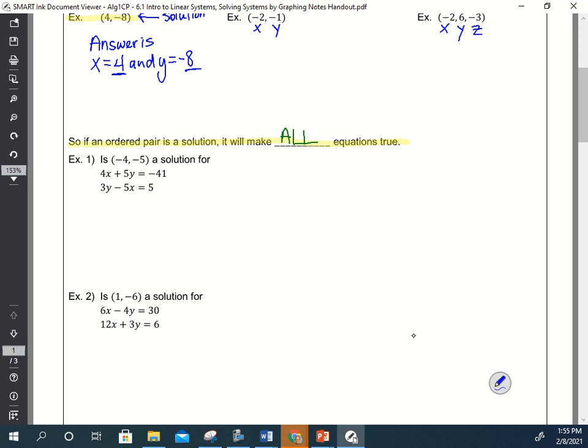They're asking, is -4 comma -5 a solution for 4x plus 5y equals -41, 3y minus 5x equals 5. So they want to know, will x equals -4 and y equals -5 work for that problem?